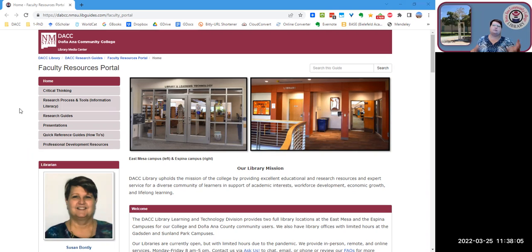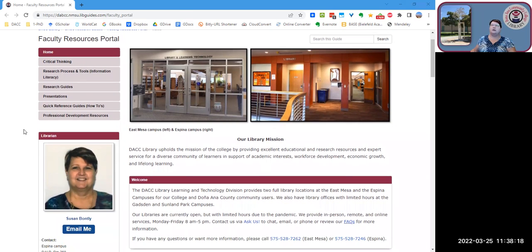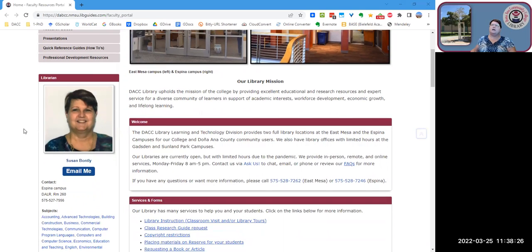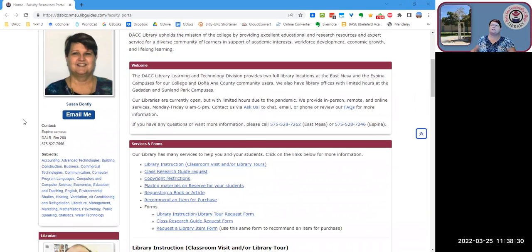You can also get to it through the library website homepage, and go to research guides and look for faculty portal. So we have the homepage. These are our two main libraries, but we have two presences on our satellite campuses, Gadsden and Sunland Park. It's just the basic information about what our mission is.